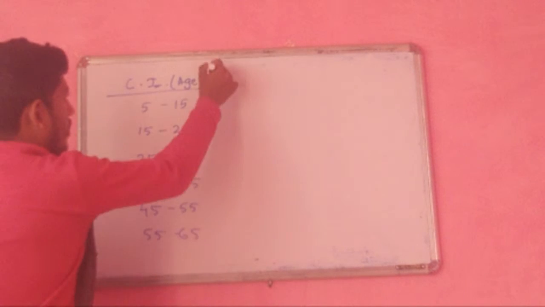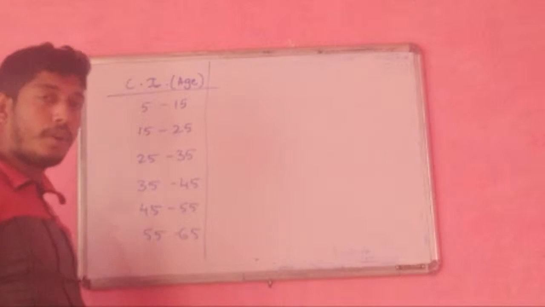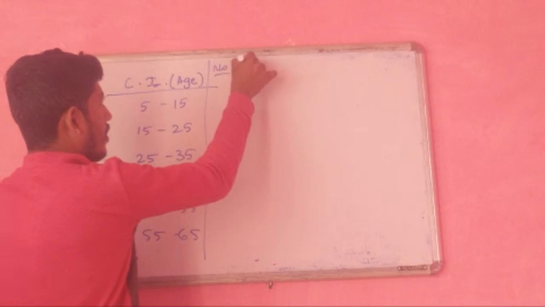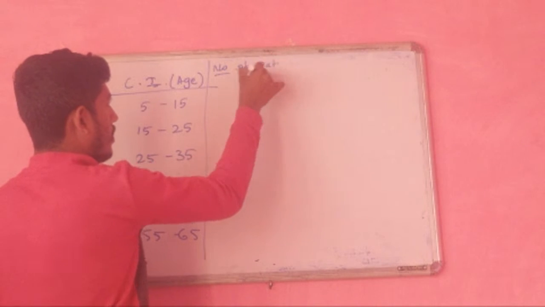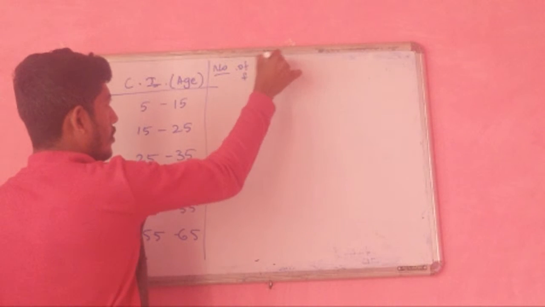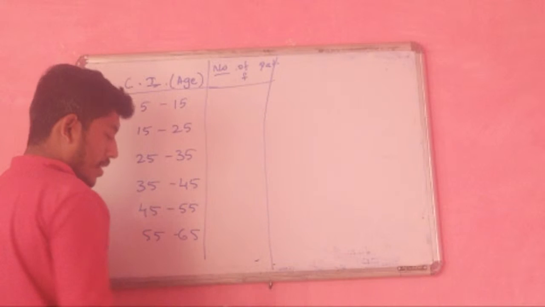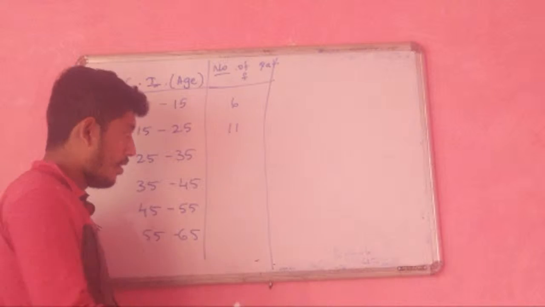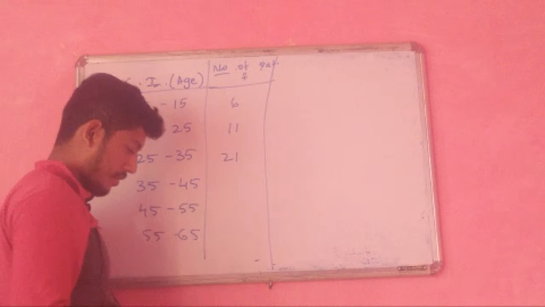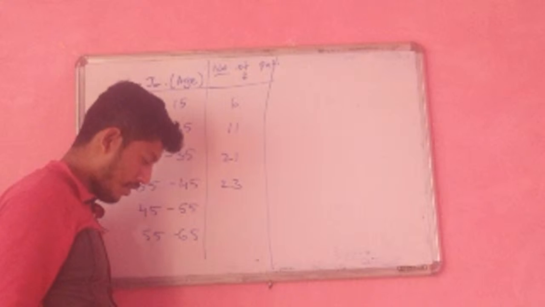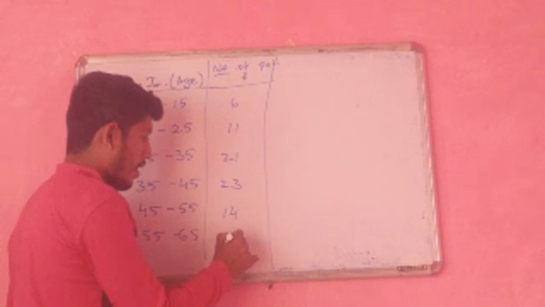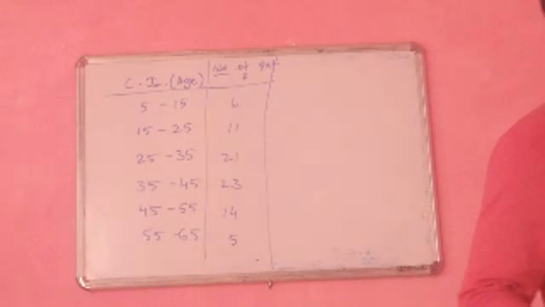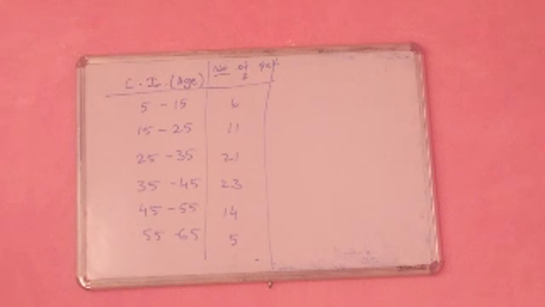Next, they give the number of patients, so I'll consider small f, that is frequency, and they are 6, 11, 21, 23, 14 and 5. So we just look at the given data.